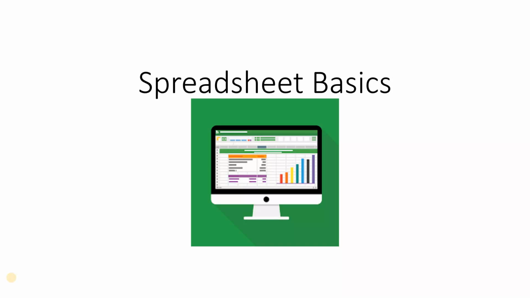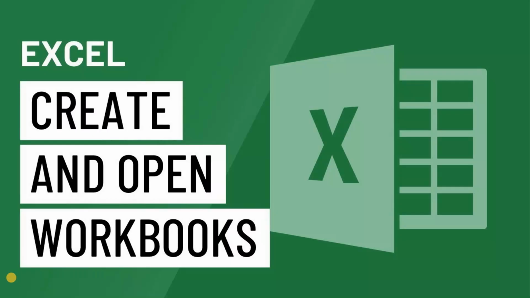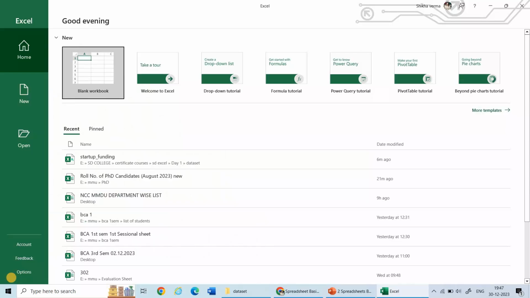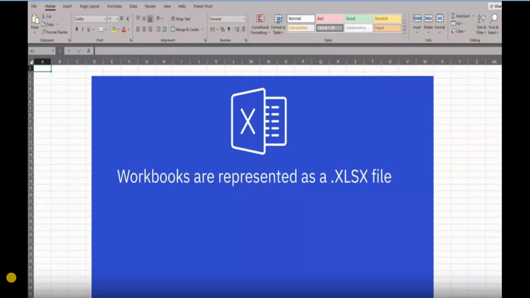So let's first cover some basic spreadsheet terminologies. So first of all, when you open Excel, you have the option of creating a new blank workbook or opening an existing workbook. So firstly, we are going to choose new and then blank workbook. Workbooks are the highest level component in Excel and are represented as a .xlsx file.